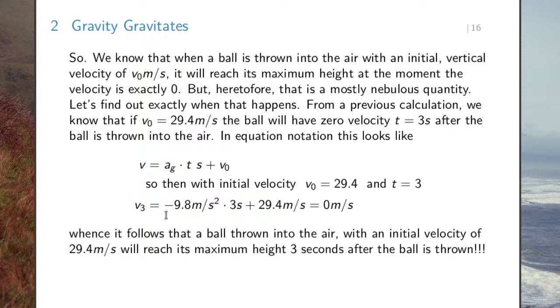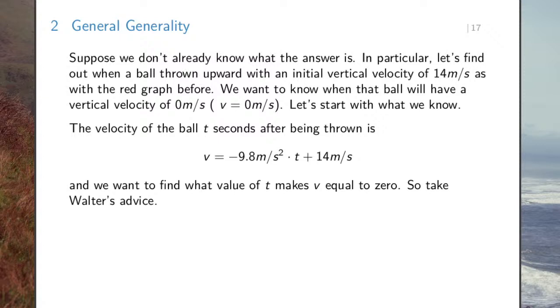In this case, our initial velocity is a positive 29.4, which means you're throwing it upwards at 29.4 meters per second. Well, it turns out that after 3 seconds, your velocity will equal 0, right? Because 3 times negative 9.8 equals negative 29.4. And so we know that if you throw a ball at that speed upwards, it will take 3 seconds to reach its maximum height. But we still don't know what that maximum height is, and we need to find a way to do it.